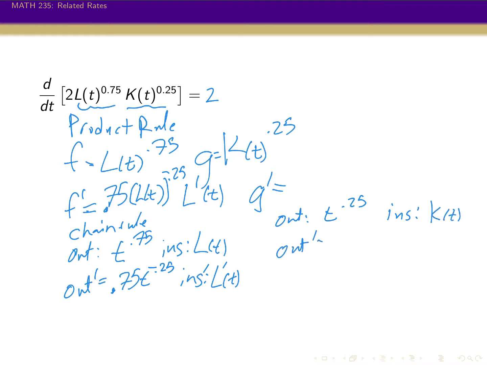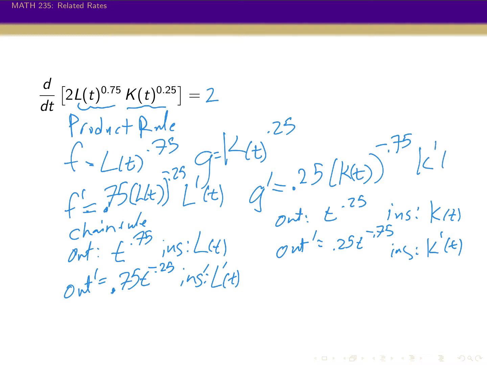The derivative of the outside is 0.25t to the minus 0.75 after we subtract 1, and the derivative of the inside is k prime of t. And so plugging this in, we take the derivative of the outside with the inside plugged in, and then times the derivative of the inside.